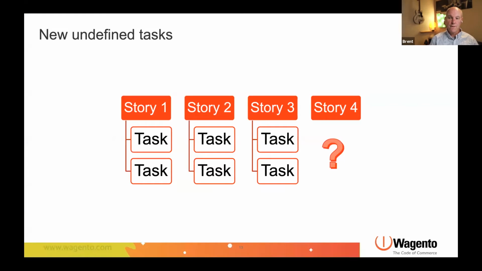So let's just say we're 6 weeks into a project and suddenly somebody brings something to the table that says, hey, I need this. A lot of times that can go into story 1, 2, or 3.